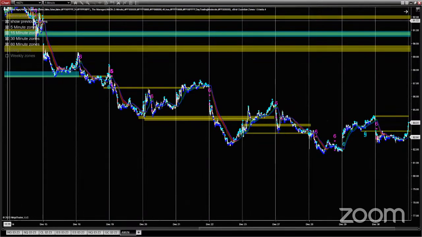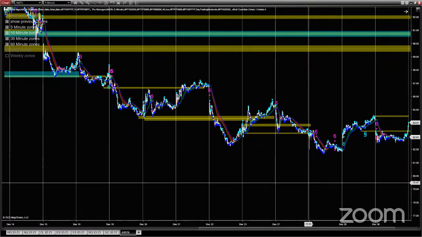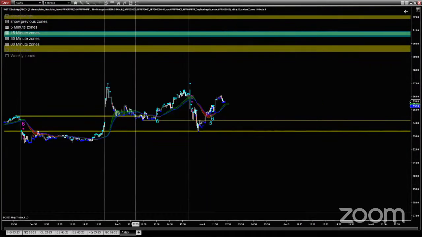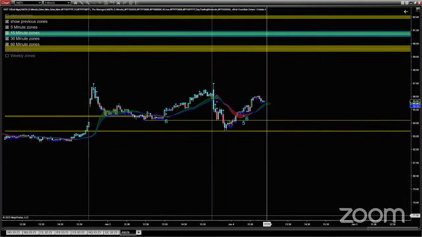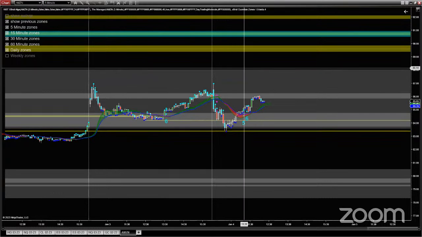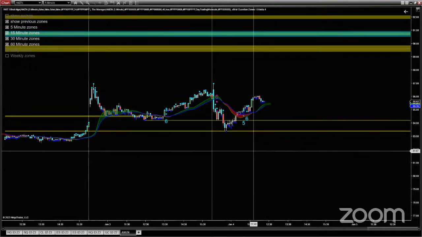On the toggle up here, you can put previous zones on as well, so you can see how well it performed between the zones. Amazon's good today. Let's just put the daily on to see where we are. When we're on 5 minutes on Amazon, look, we're in a daily zone. It's not really going to help us trade that today, so we can switch that off.